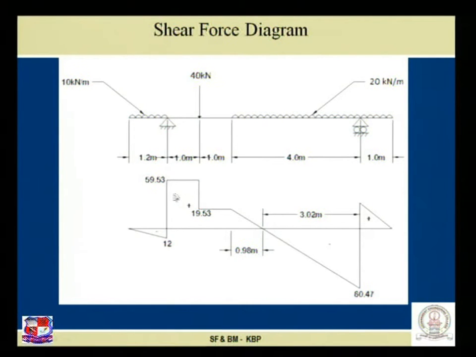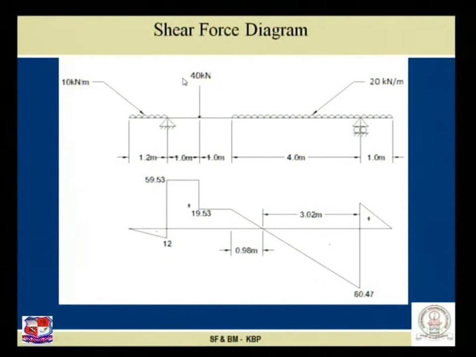So this value 59.53 minus 40, we achieve 19.53. So you just visualize over here a sudden drop in the shear force diagram where there will be a point load or concentrated load.